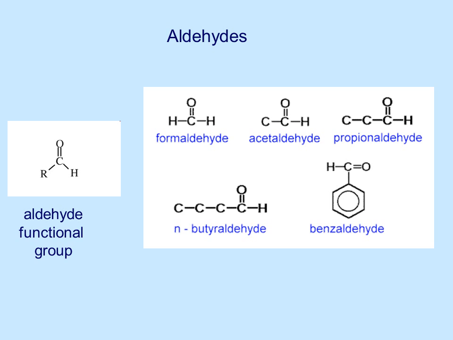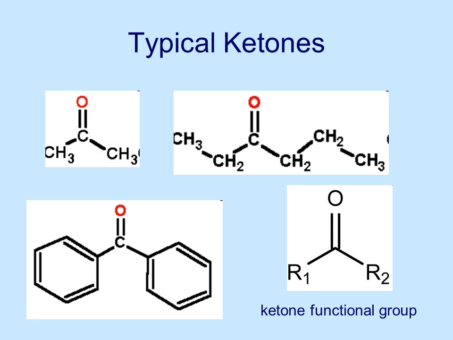Notice that they all have the carbon-oxygen double bond and a hydrogen. Now, ketones, on the other hand, have the carbon-oxygen double bond, but they have two groups attached to the carbon. They do not have a hydrogen attached to that carbon, and so that's the difference between the two. And in general, a lot of the reactions are quite similar.